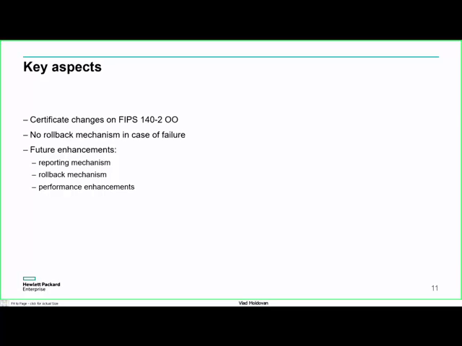Another key aspect is the part about certificates. Now, if we harden an OO install to be FIPS compliant, the security aspect of the certificates, so Central and RAS certificates, becomes slightly more complicated, in that the future certificates, so if my OO certificates expire, the certificates with which I'm going to replace these also need to be FIPS compliant.